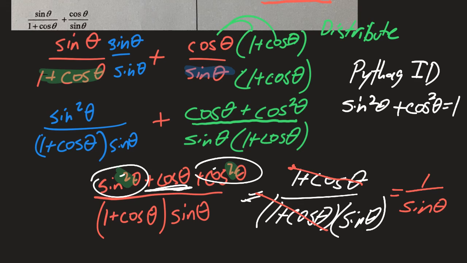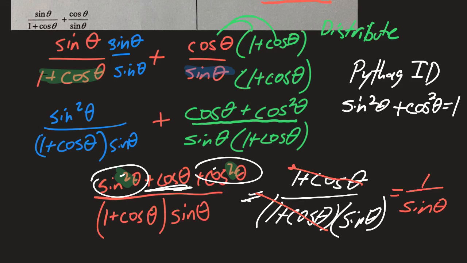Whoa, that looks a lot better than what we started with, right? Now we're at a single fraction and it's 1 over sine. I feel like I'm almost done. I could stop, but there's one extra step. 1 over sine, we can actually make into our final answer.